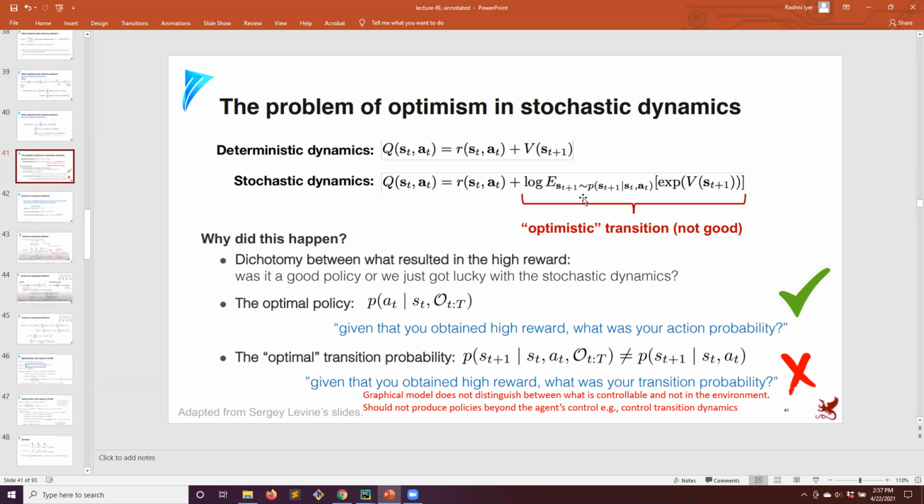It will try to optimize the reward, but in the average case it will actually have lesser reward. So we wanted to find a way to fix that.